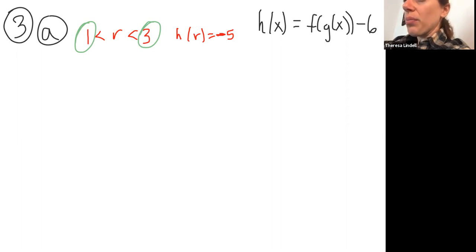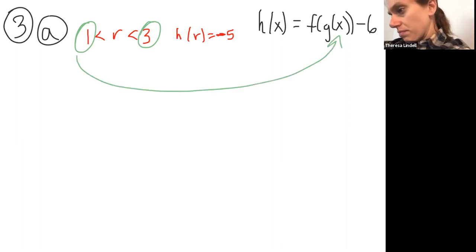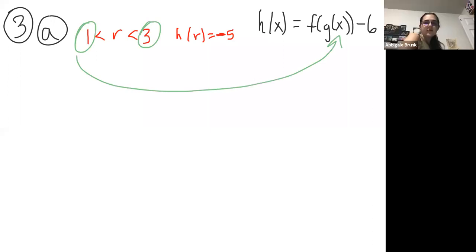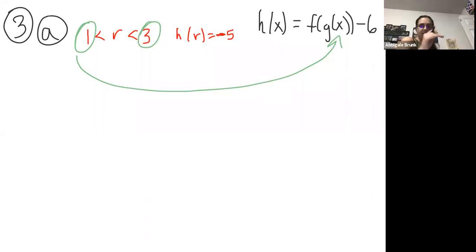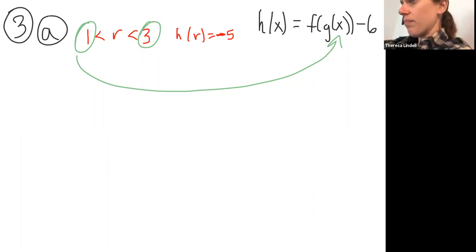So do you remember how to plug 1 into something like this? You find g of 1. Then put that in, and then you find f of that. Perfect. Yeah. Minus 6. Good. Nice. So if you remember that, then you're going to be soaring on these. That's like a main skill you have to have.